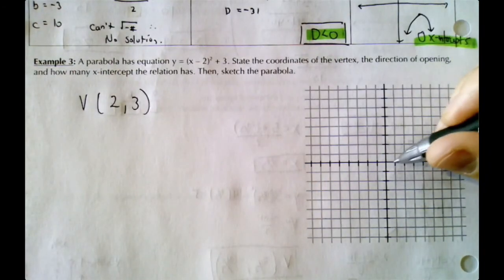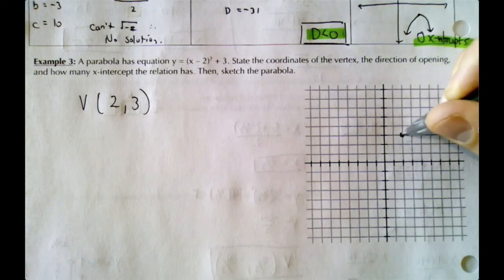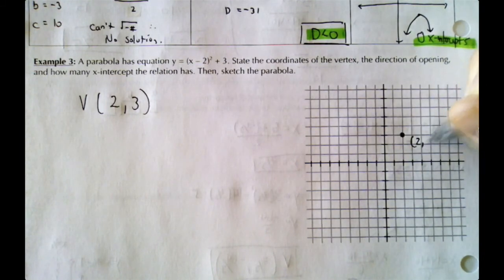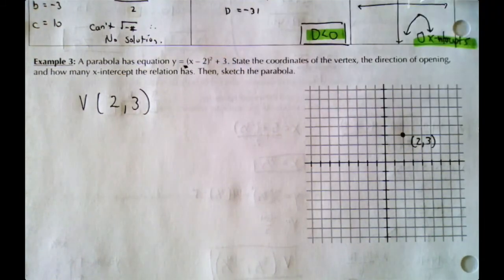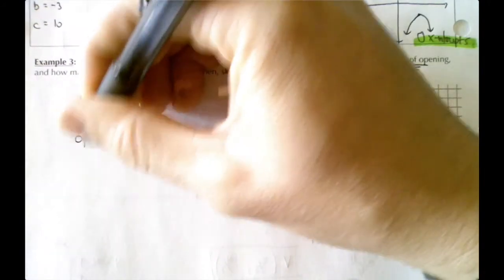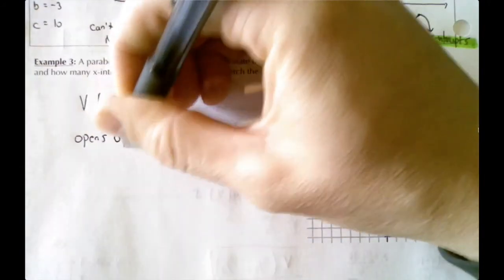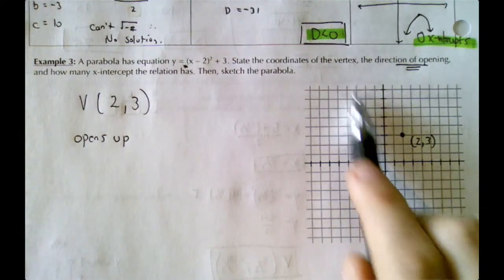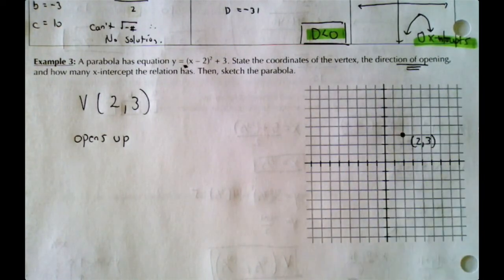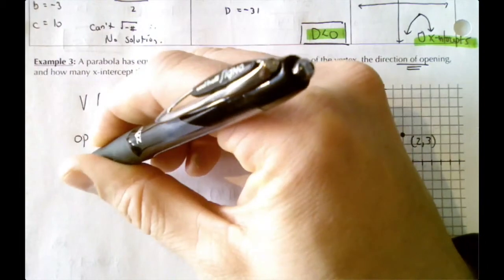So if I sketch that 2, 3, there's my vertex. The direction of opening comes from right there. Well, our parabola opens up. So if we start here and we open up, are we going to have any x-intercepts? No, we're not.